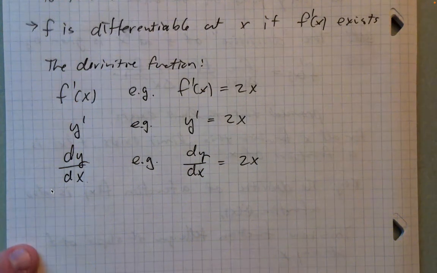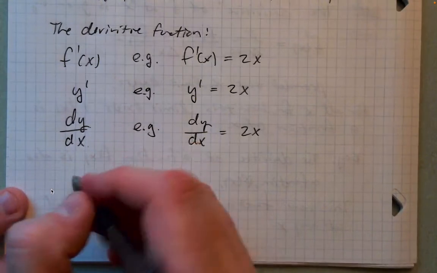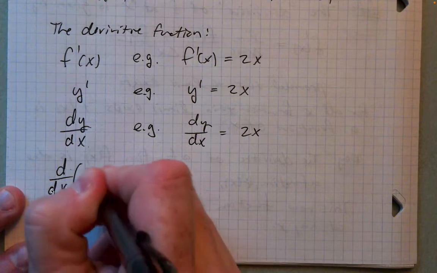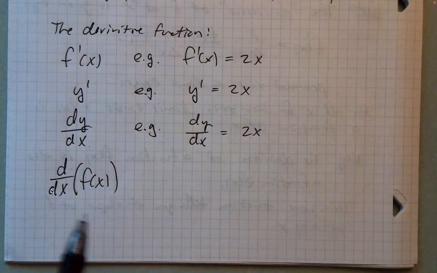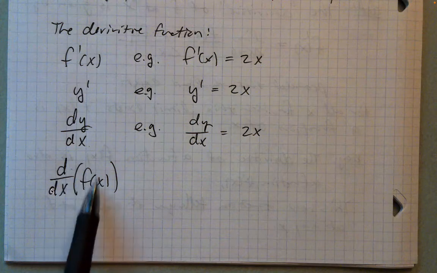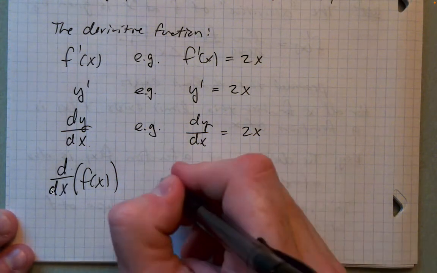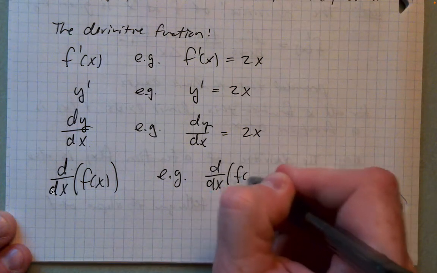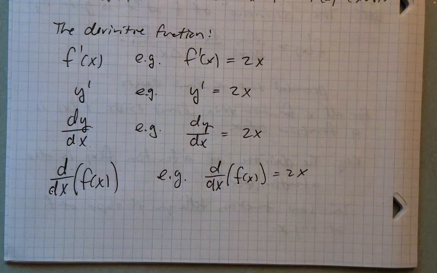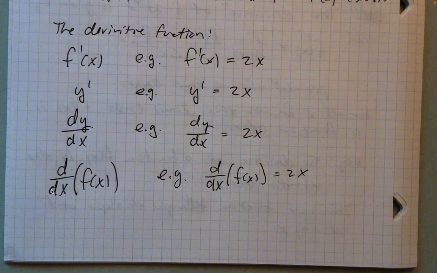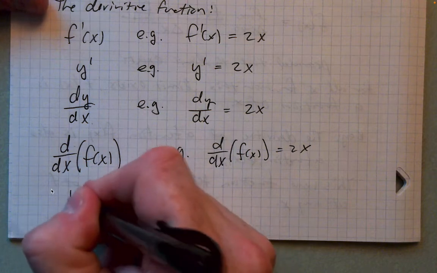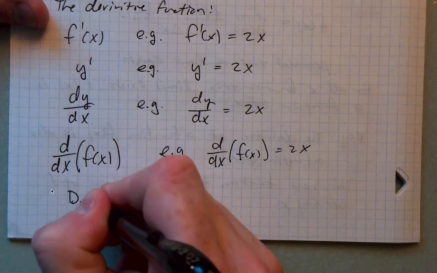And yet another way to discuss the derivative would be to do something like this. This would be the derivative with respect to x of the function f of x, and so you might write it like this. You can name the derivative, it sort of depends on your way of thinking. And probably the least used, but you still may see it sometimes, would be like this.